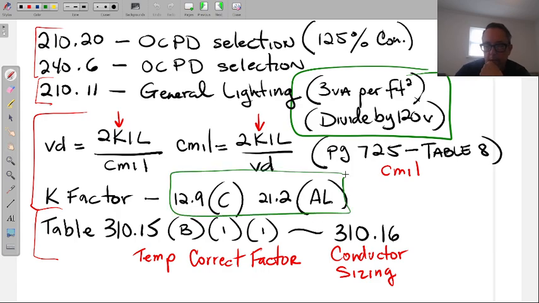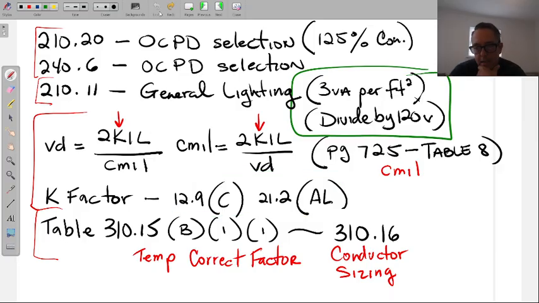There's the K factor there as well for copper and aluminum, which again, I don't ask a lot of aluminum questions, but have the information because I change every exam, and so I'm always having to reframe a question, so I'll vary between aluminum and copper. And then again, what we did yesterday with the temperature correction factor.